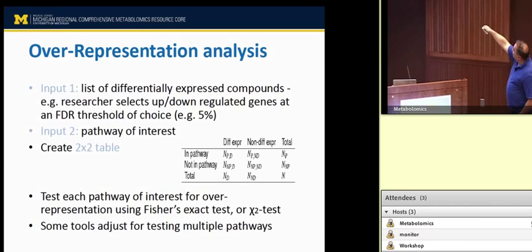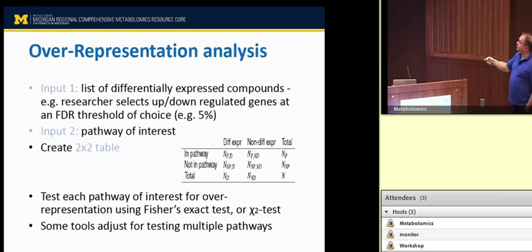So essentially, you have this 2x2 table, and this was exactly the idea when people started thinking about this type of tables with GO terms, whether some of the genes belong to the particular GO term under consideration, or they didn't belong. So essentially, it's the same idea, but right now we just translate them to metabolic pathways.